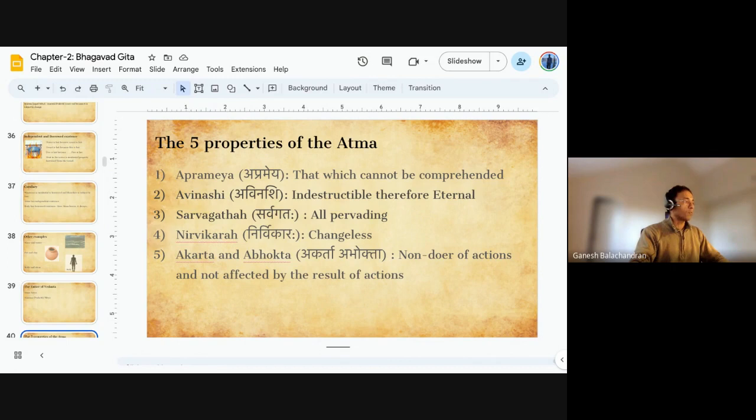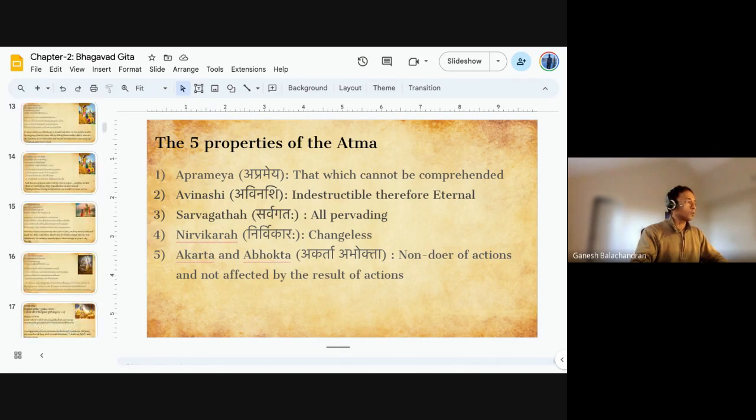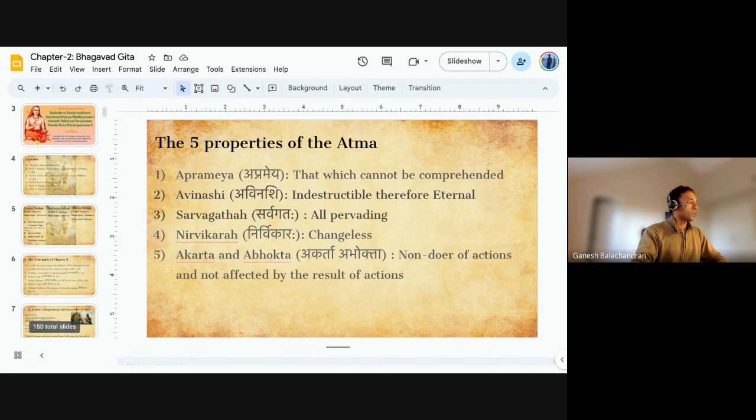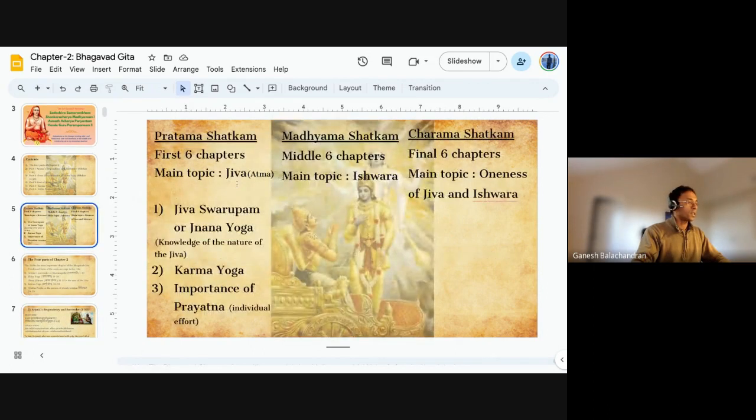Now, in the first portion, I'm always making sure we understand that portion. We saw in the first 6 chapters the main topic, of course, is Jiva, or the Atma. Then Krishna introduces an important topic of Karma Yoga. And here another small quiz.